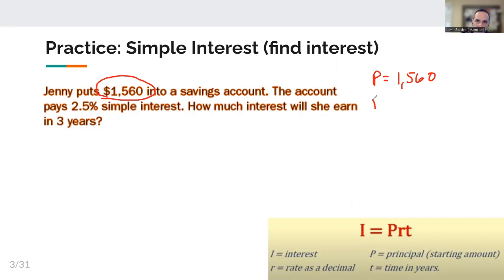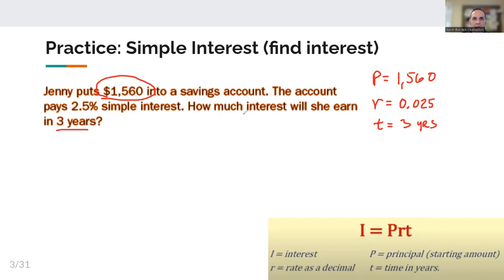Well, that's r, but before we even write it down, we might as well divide that by 100 because we know that it needs to be a decimal. So 0.025 is going to be our rate. And we're talking about a time period of 3 years. And because they gave us years, we don't have to do any conversion of that. We are noting that it is exactly 3 years.